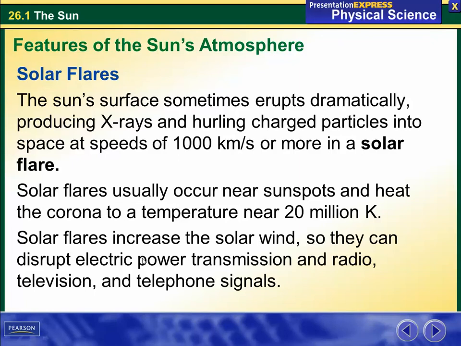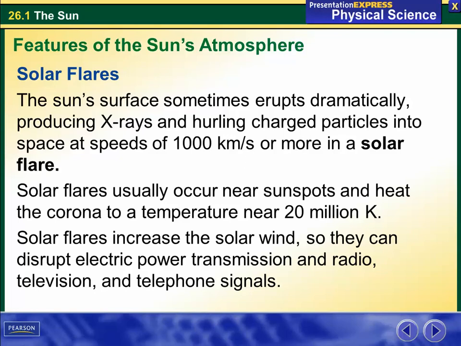A solar flare is when the sun's surface sometimes erupts dramatically, and it produces X-rays and hurls charged particles into space at speeds of more than 1,000 kilometers per second. Those also usually occur near sunspots, and they can heat the corona to a temperature of nearly 20 million Kelvin. That's a huge difference, since typically it's 1 million Kelvin in the corona.